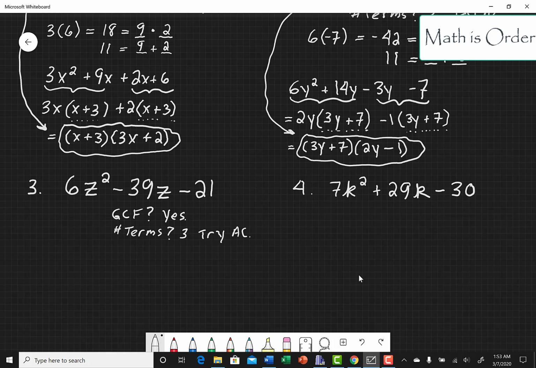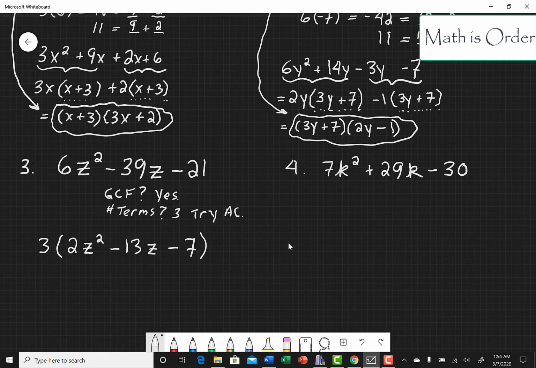Right, so that GCF is going to be a number that's common in all 3 terms here. So that number is 3. 3 is common in all 3 terms here. So after we take 3 out, we'll have 2z squared minus 13z minus 7.